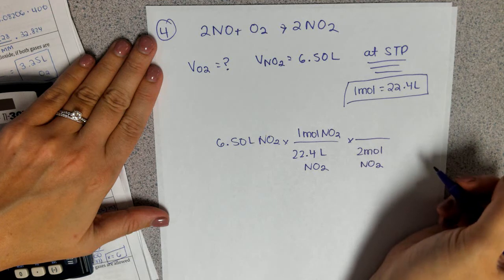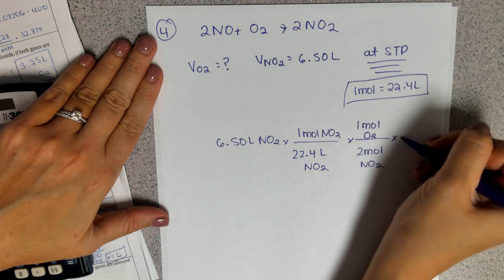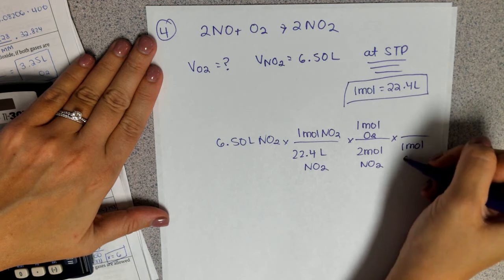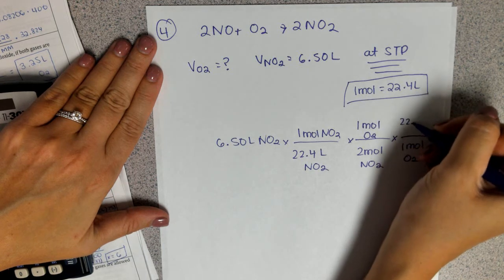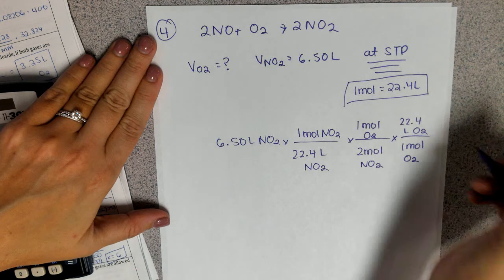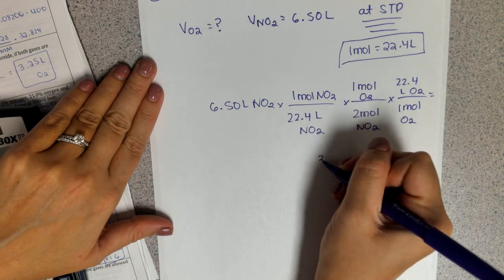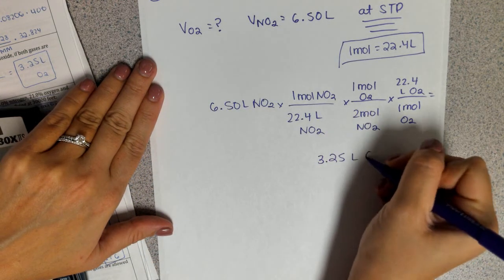We're solving for oxygen, so that is 1 mole O2, and then 1 mole O2 is 22.4 liters O2. That's all I have to do, some stoich. And you get that it equals 3.25 liters of oxygen.